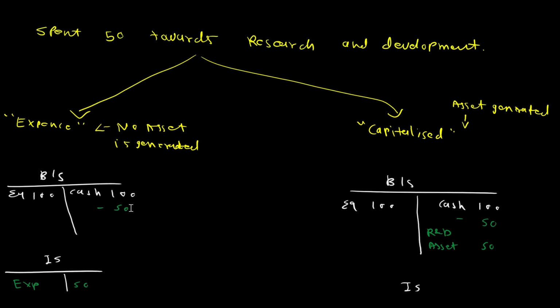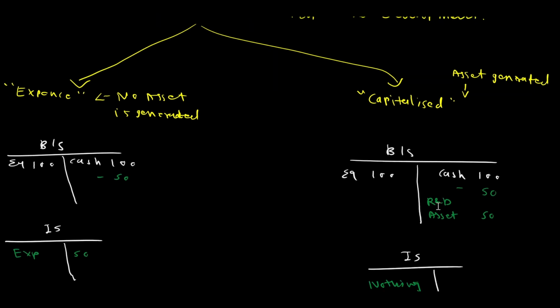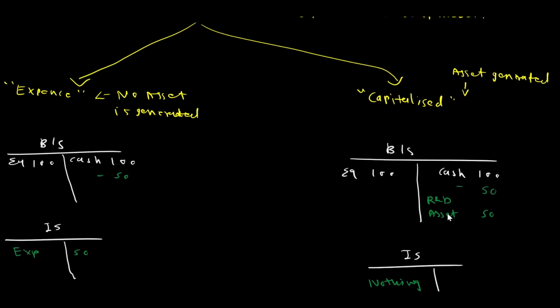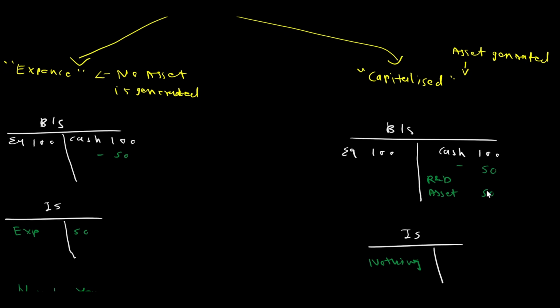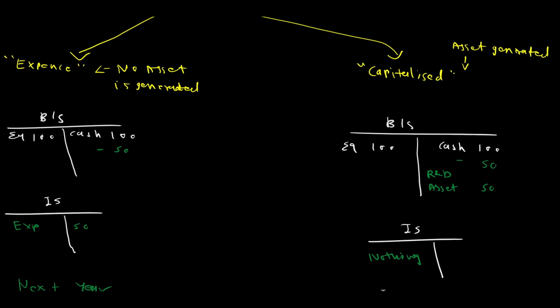And if I want to capitalize, I will generate an asset in the balance sheet called R&D asset of rupees 50, and my cash will be reduced. And I won't mention any expense in the income statement, and this asset will be depreciated over time.